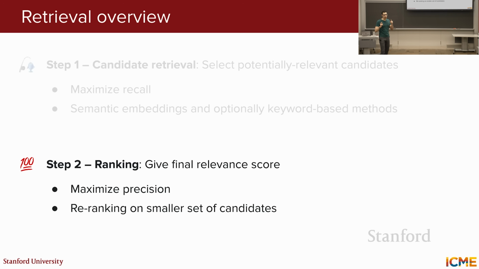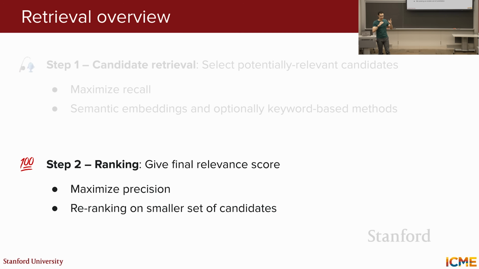Then we have a second stage, which is sometimes optional. But this stage is to really make sure the top documents are really the relevant ones. This one is called ranking.